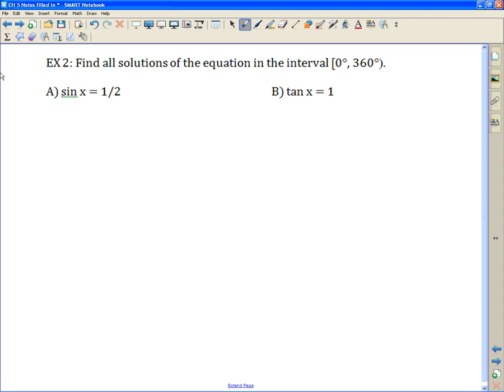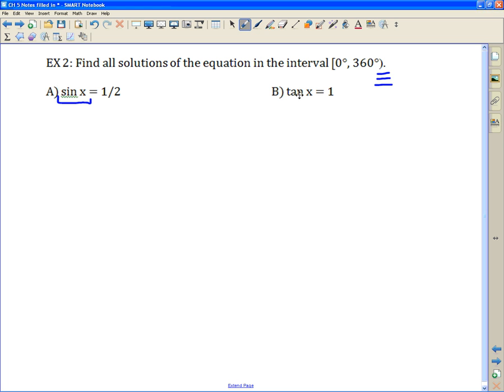Example 2. Find all the solutions of the equation in the interval starting at 0 and including 0 degrees going to 360 degrees, but we're not going to include 360. So therefore, if the answer is found at the positive x-axis, then our answer would be 0 and not 360. These equations are very simple because the trig function is already alone.